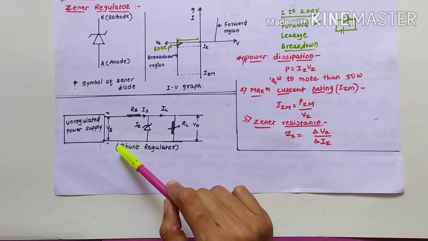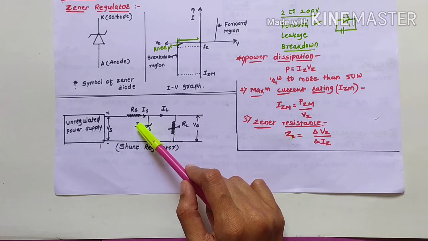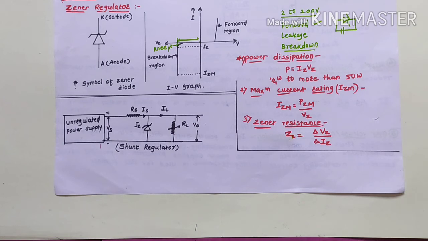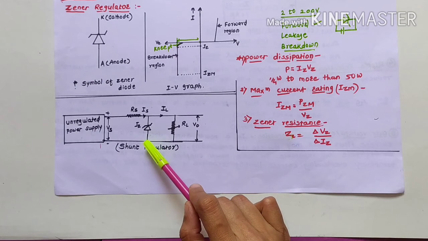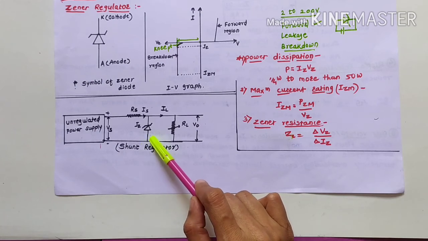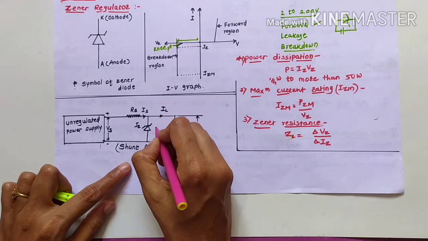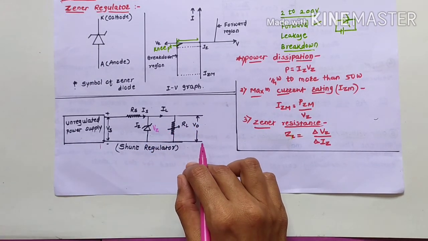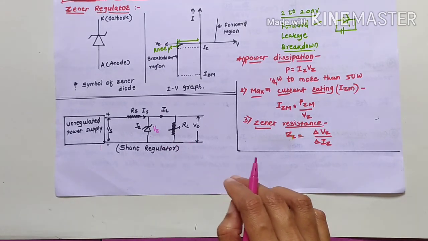The Zener regulator consists of this current limiting resistor and this load resistance. As this Zener diode is reverse biased, the diode is selected with a breakdown voltage VZ equal to the voltage desired across the load.